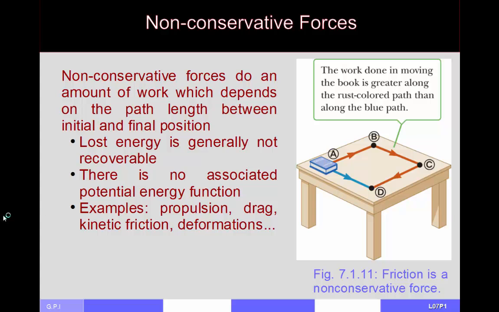For example, I could be pushing the book along either one of these paths, and if I push it along this path with the same force as I push along this path, and assuming that I'm pushing with the same component in the direction that the book is traveling at all times, I will do more work on the book here. Therefore, the book will have gained more energy than going from here to here.